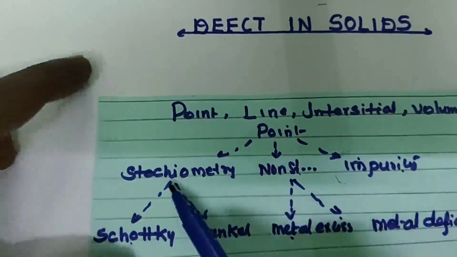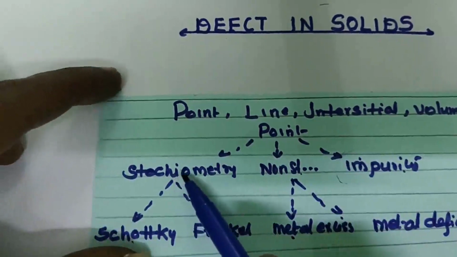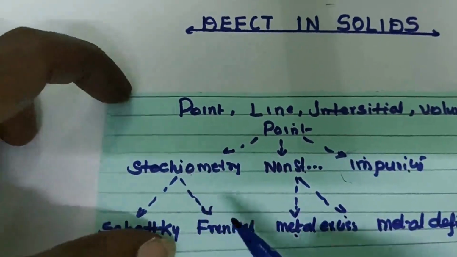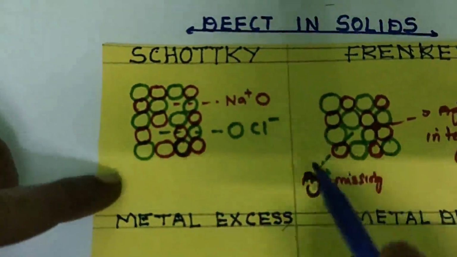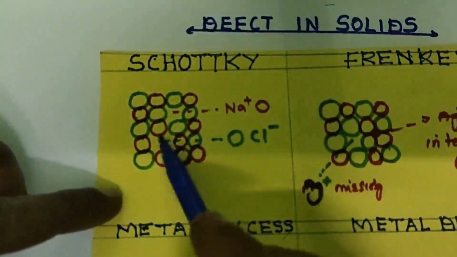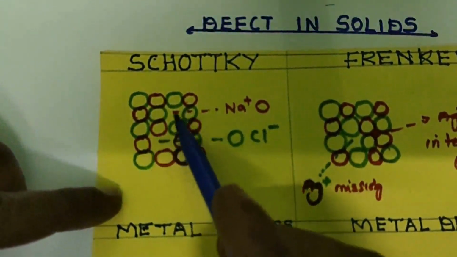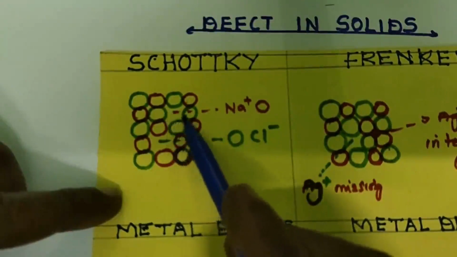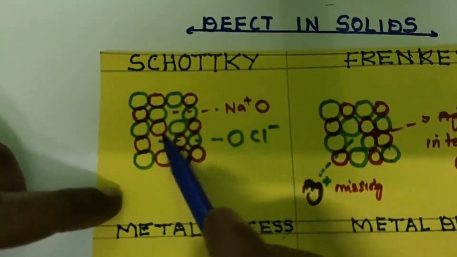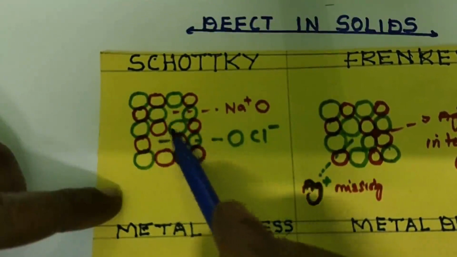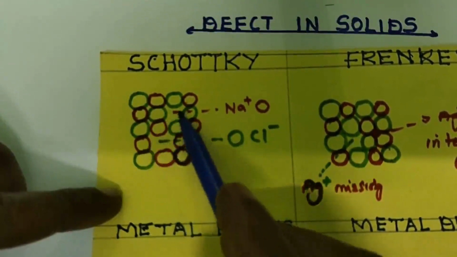Then this stoichiometric defect, under stoichiometry, Schottky and Frenkel. In Schottky defect, see this diagram, here one red circle is missing, here one green circle is missing. That is missing of an equal number of ions in the crystal lattice.